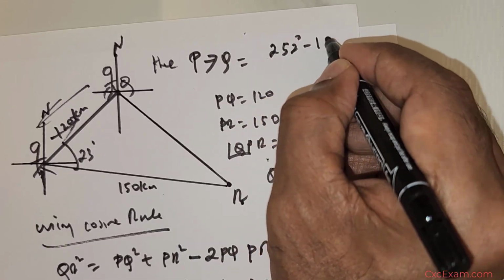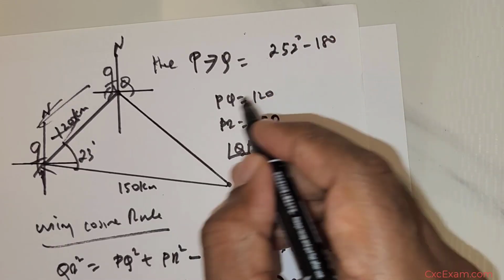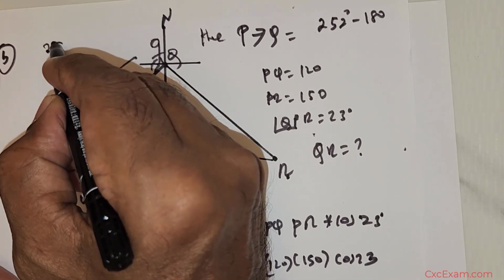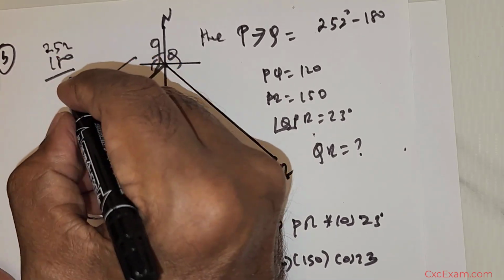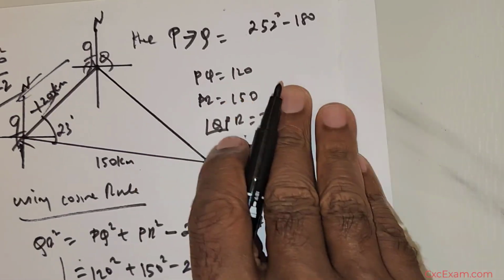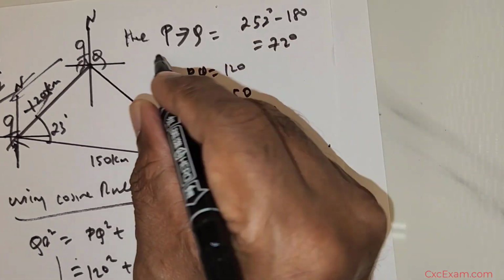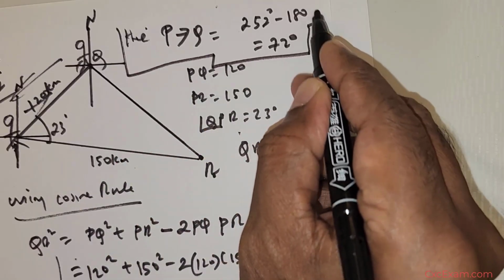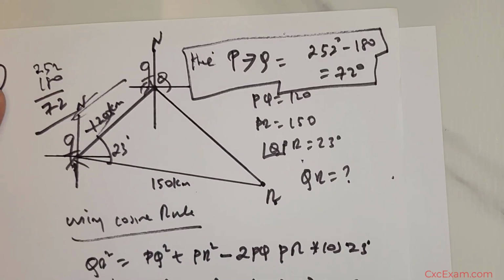So what you have to do, from here you take away 180. So 252 you take away 180, what do you get? You get 72 degrees. So this is 72 degrees. Okay, so that's the first part.